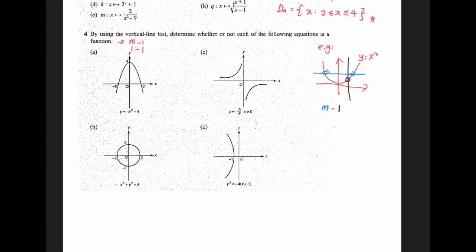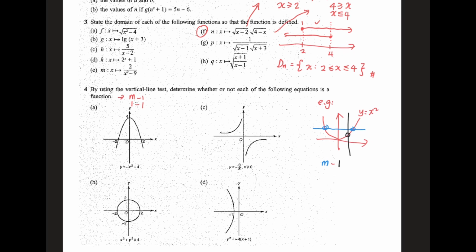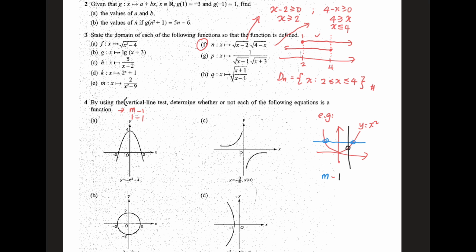Let me write down the vertical line test. If a vertical line intersects at 1 point, then the relationship is 1 to 1 or many to 1.